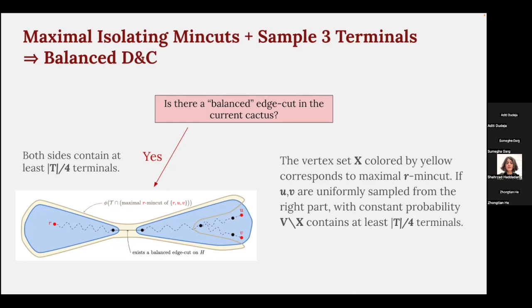If you sample U and V and look at their pre-order, the vertices in between will always be on the other side. That is some DFS property. Just to remind you that these graphs are cactus graphs. The underlying cactus graph is not the original graph. So we base this on the fact that there exists an underlying cactus graph.